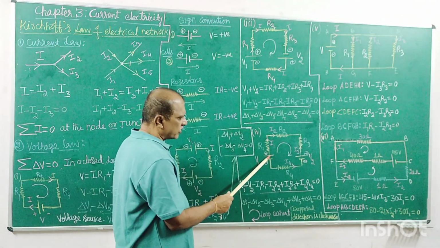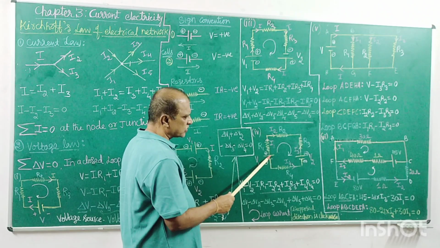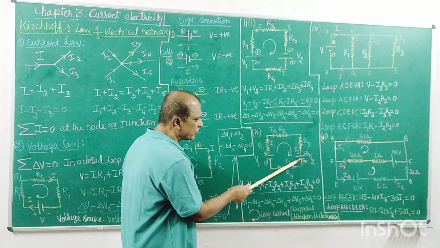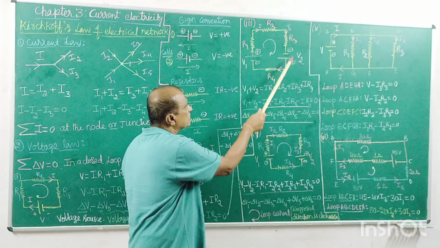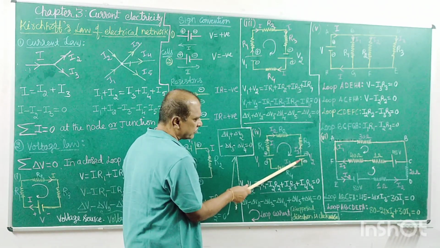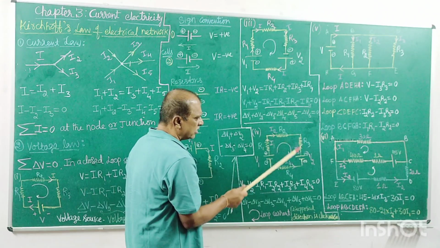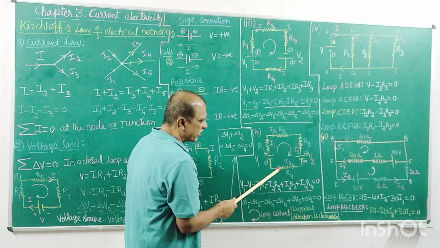Now, what is the law for this loop? This loop is the same circuit, but the difference is that here one cell is reversed. Here, different elements will take different currents.